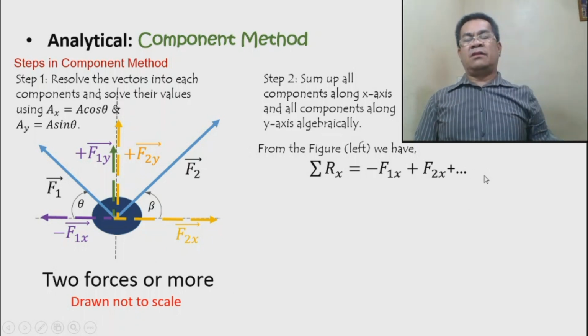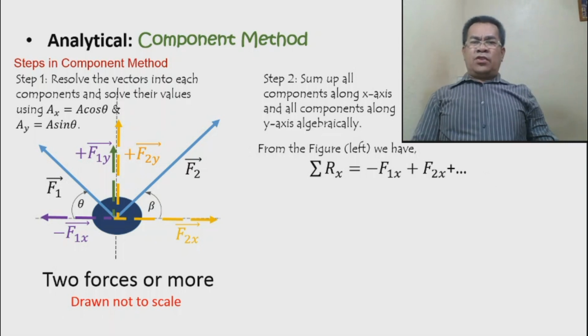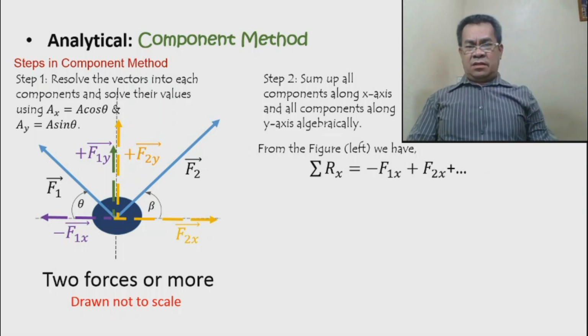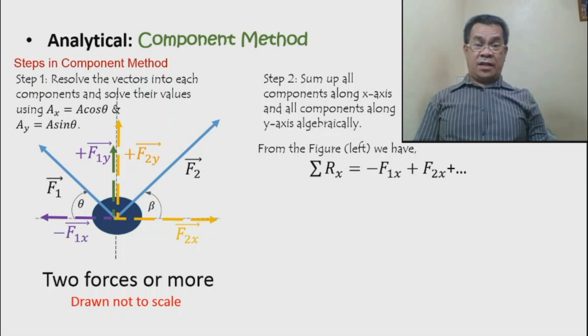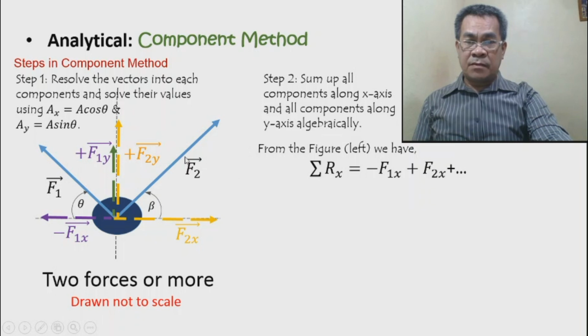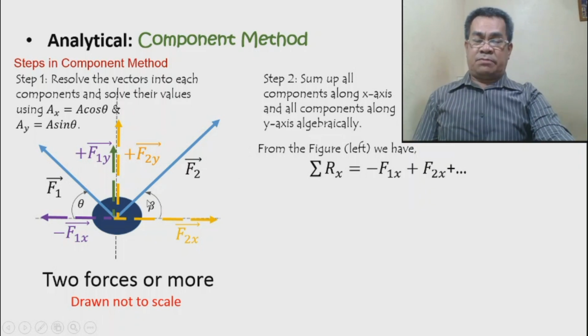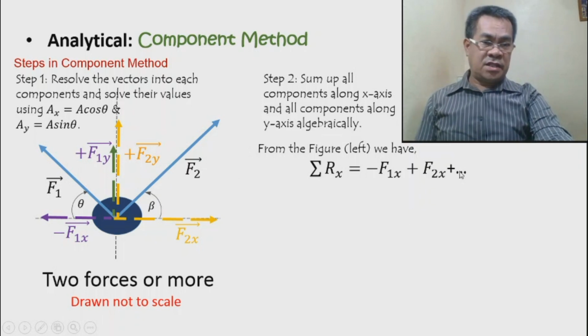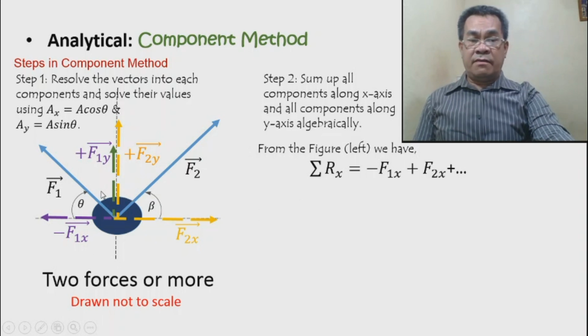Now if we have another force here, then continue. Okay? So therefore, the component method can be applied to any number of forces. Feel comfortable because you just use this formula, the A cosine theta and the A sine theta for the x and y components. But be careful of the sign convention. It's positive or negative. The dots here signify if there are more components, the number of forces.